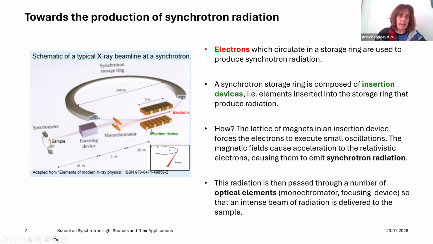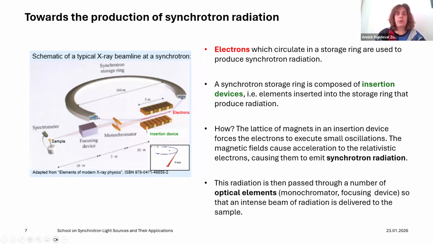Then you have in green what we call an insertion device, which is an element inserted into the storage ring that is going to produce the synchrotron light that we want, as a user, to use to conduct our research.